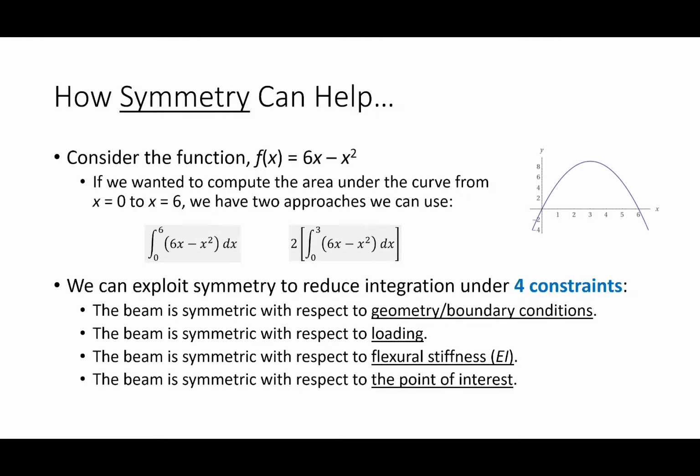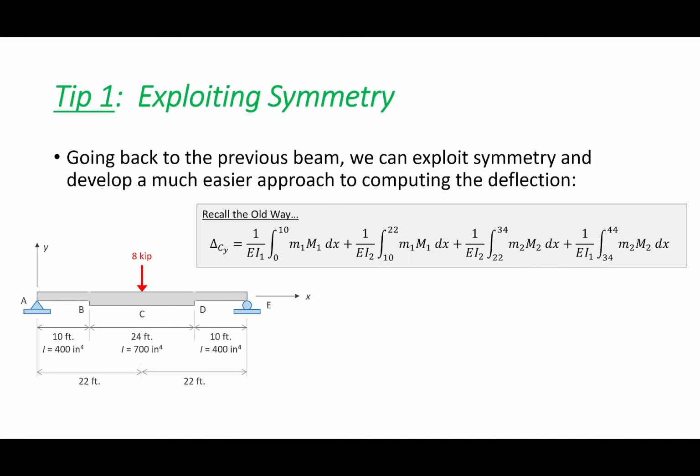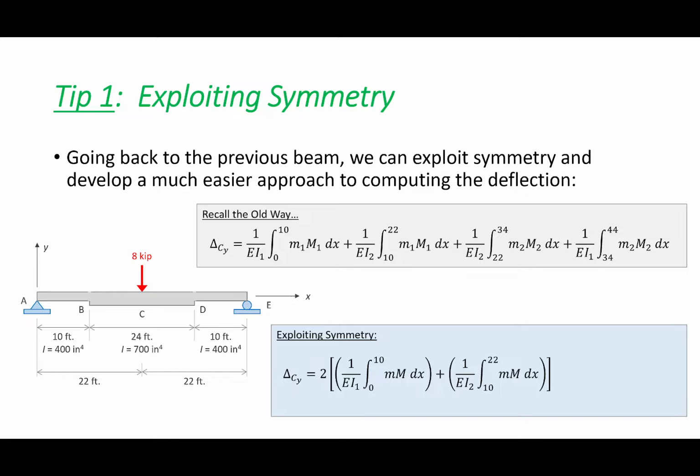Here's my point, though. Let's talk about exploiting symmetry. Here's the old way of doing it. The old way of doing it is to integrate from here to here, here to here, here to here, here to here, okay? 4 integrals. I propose that the new way of doing it is to just integrate from here to here, from here to here, and multiply that by 2.